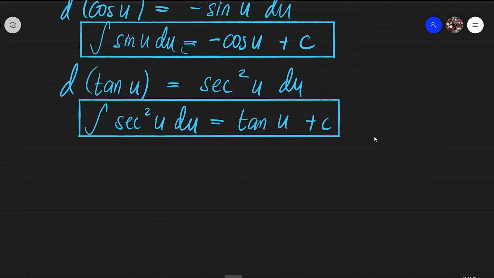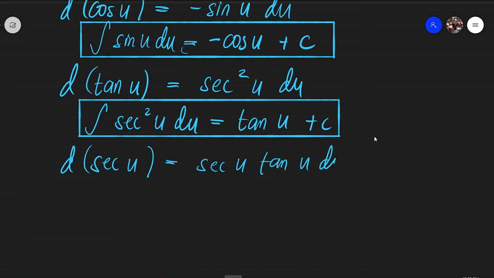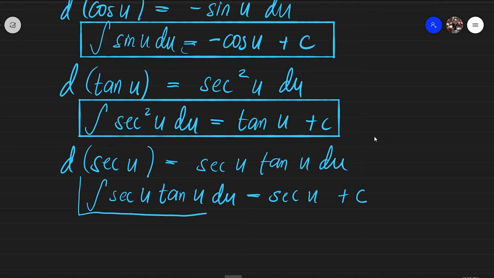And we also have the derivative of secant u, and this is equal to secant u tangent u du. So if we integrate secant u tangent u du, this is equal to secant u plus the arbitrary constant c. So this is another formula.